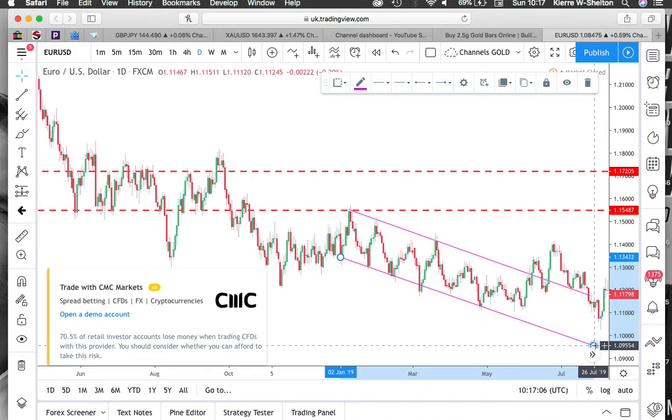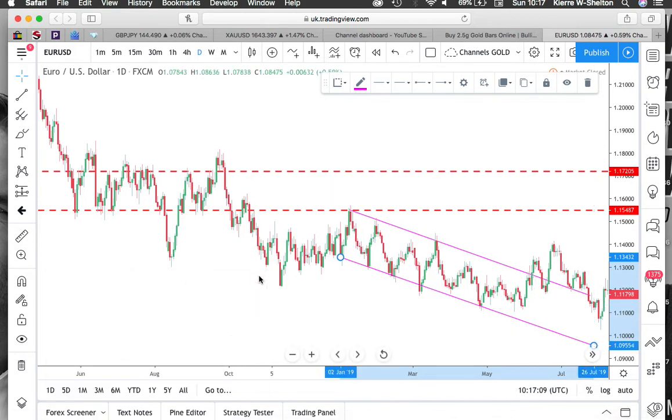What does this channel tell you? Firstly, before I continue, sorry, what does this channel tell you? Like up till here, what does this channel tell you? We call this consolidation. Consolidation is where the market's not really going up nor down, it's kind of sitting in an area, and this is where the channel forms because it's consolidating, right?